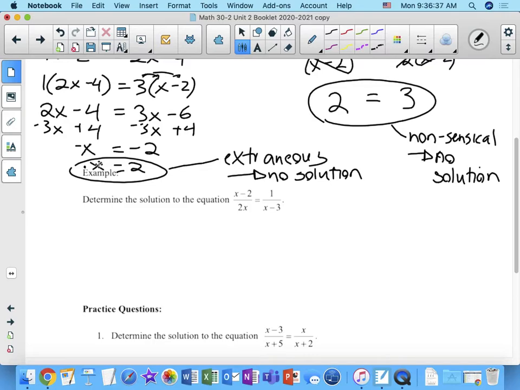Okay, good. Maybe I'll do non-permissibles first. Okay, so I'm looking at my denominators. One of them is 2x. What non-permissible am I going to get from there? 0, yeah. And then the x minus 3? 3. Yeah.